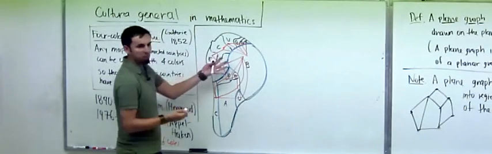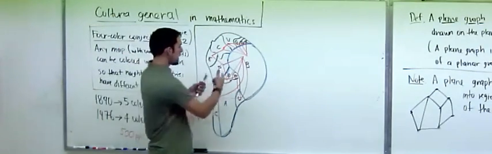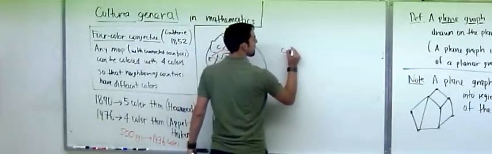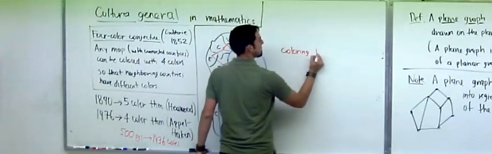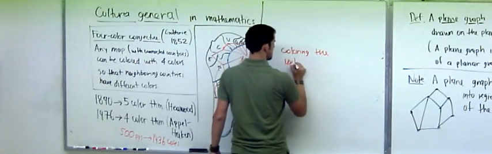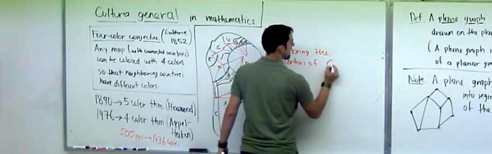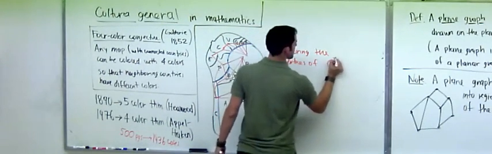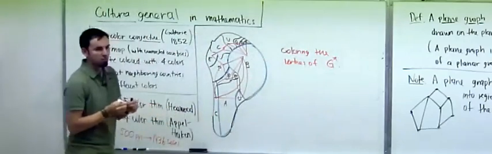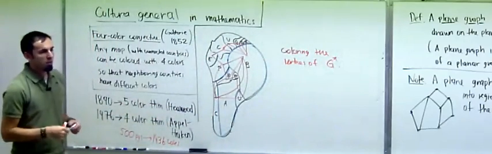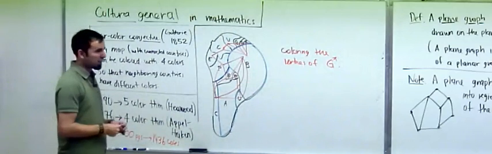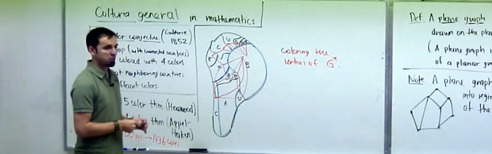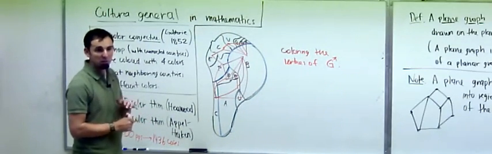And people thought, okay, maybe by doing it this way, what I'm doing is coloring the vertices of my orange graph G star. They thought, okay, now this is a vertex coloring problem, and maybe we have some tools to do that. And actually, a lot of matroid theory was developed because people thought maybe this is a theorem about matroids.